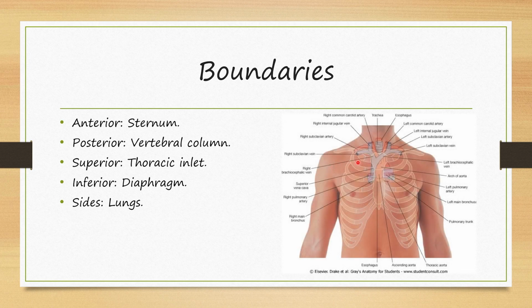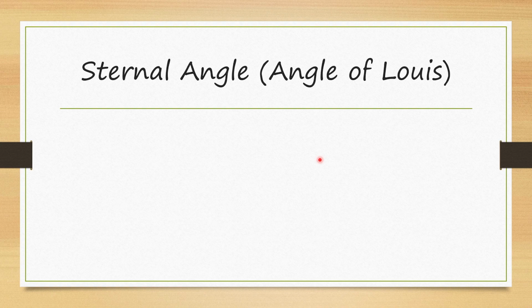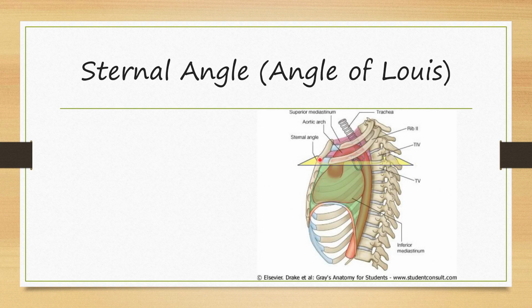On top, there is the thoracic inlet, which is these two areas where veins and arteries enter from here. Inferiorly there is the diaphragm, which is this kind of chunk of muscle, and on the sides there are the lungs.